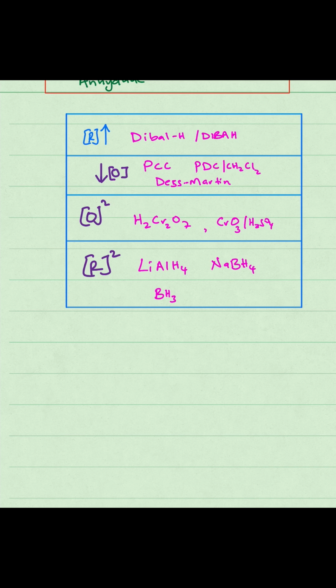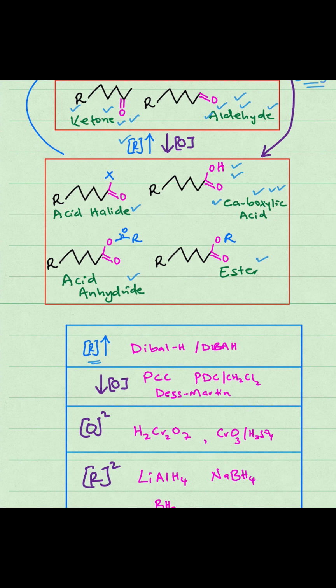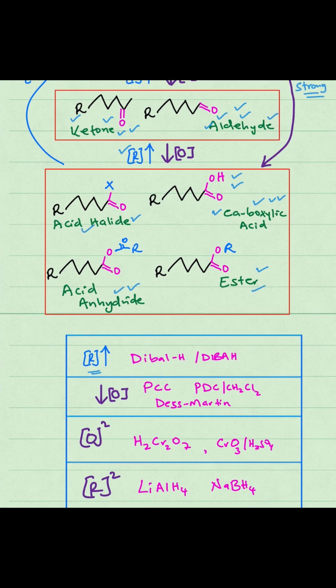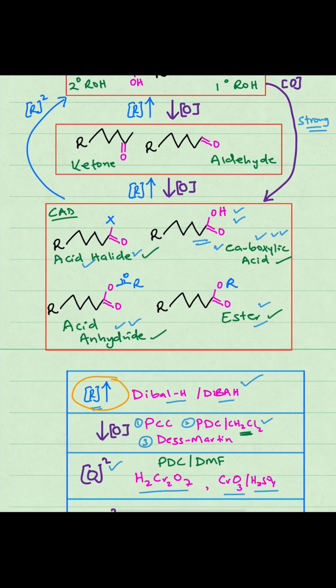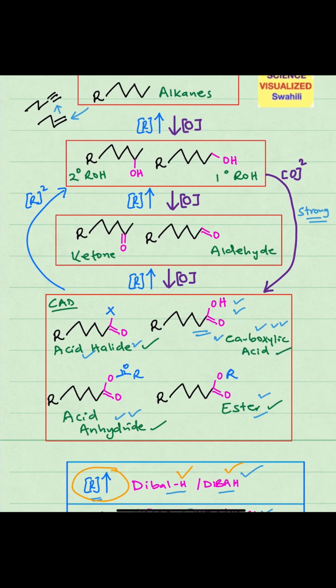For one-step reduction, so from carboxylic acid, or even any of these carboxylic acid derivatives, acid halides, acid anhydride, and esters, we use Dibal, diisobutyl aluminum hydride, and this will reduce carboxylic acid, one-step reduction, to aldehyde.